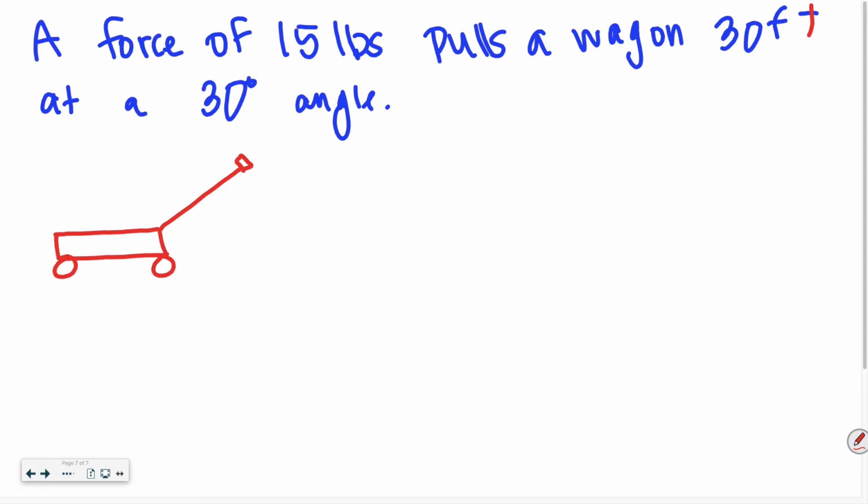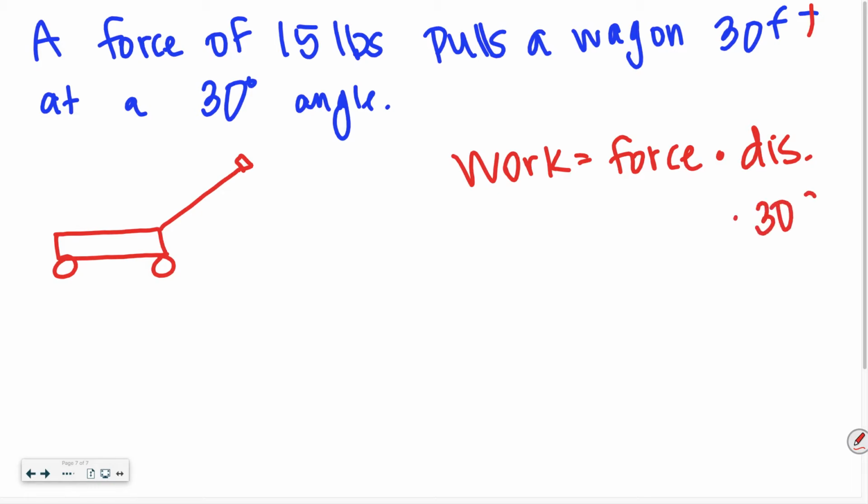How do we find work? Force and distance. So we need the force of the wagon times the distance that it travels. We know that the distance it travels is 30 feet. But what is the force? We have a vector right here at a 30-degree angle of 15 pounds. But which direction is our wagon moving?